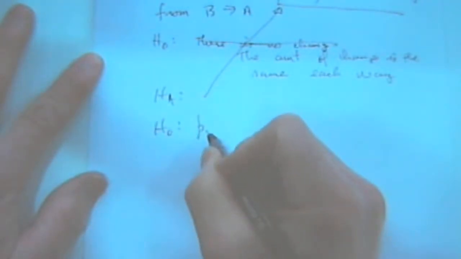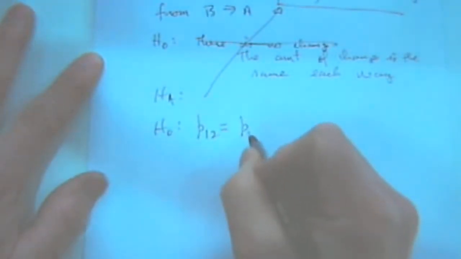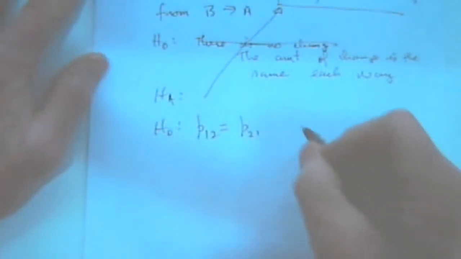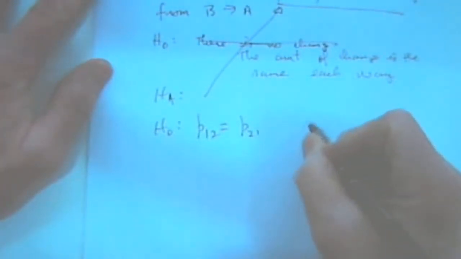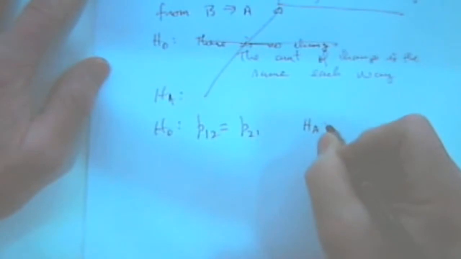Then in symbols, what is this? Well, that means p12 is equal to p21. There could be a lot of change, but it all washed out. No one really won, like winning a debate. But we do have a before, so it's not quite a debate.